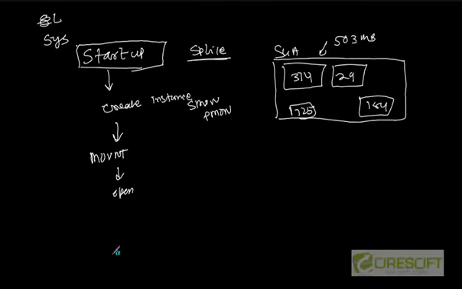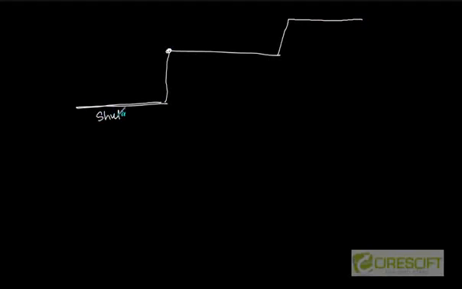However, in certain cases, we are going to start up in steps. Basically, if you understand, the steps are like this. Let's say this is the shutdown, when nothing is going on, and then this is the mount, which means the instance is created, and then this is open.